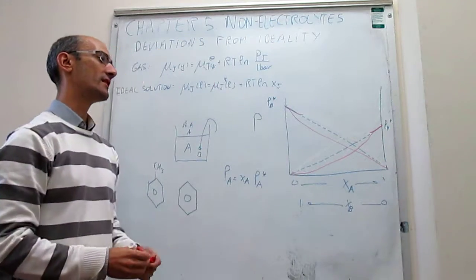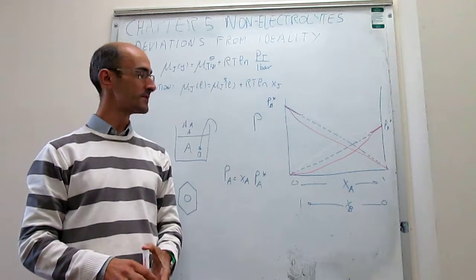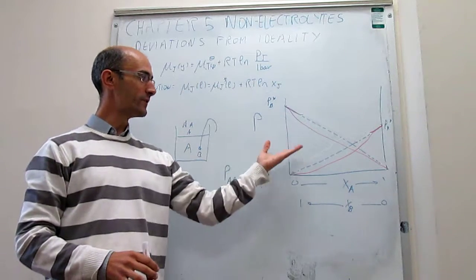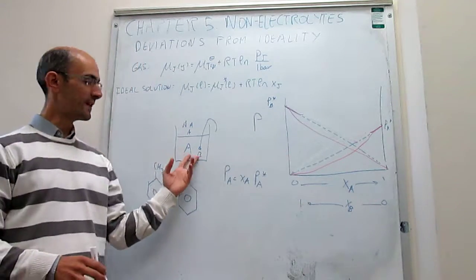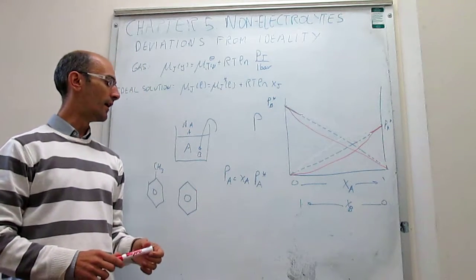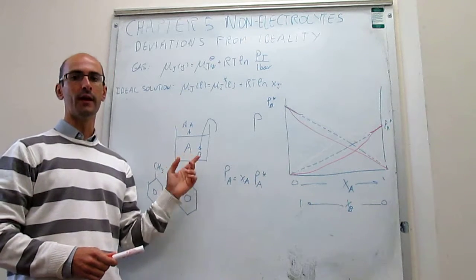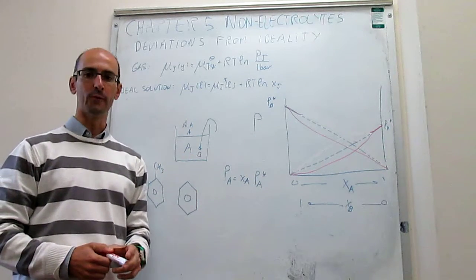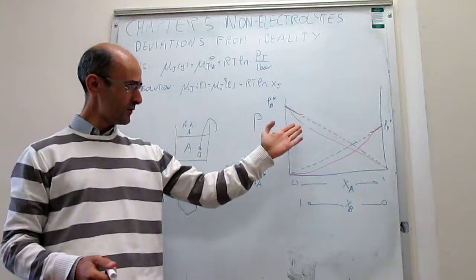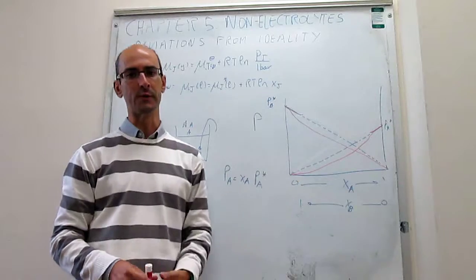Notice that the vapor pressures fall below the prediction from Raoult's law. The origin of that deviation is that when you mix A and B, the interactions of A with B are actually stronger. They're more attractive than the interactions of A with A and B with B. So in that case, you will see this negative deviation of the vapor pressures with respect to Raoult's law predictions.